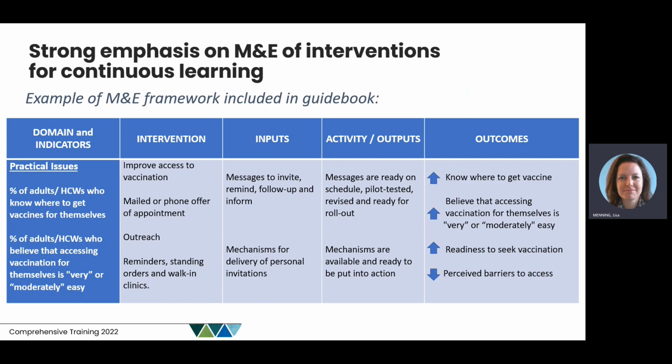So if we're talking about practical issues and indicators of the percentage of adults or healthcare workers who know where to get vaccination for themselves, the interventions here might include improving access or mailing or phoning an offer of an appointment or carrying out reminders or outreach. These are examples of the different kinds of interventions that could be implemented to overcome these access-related barriers.